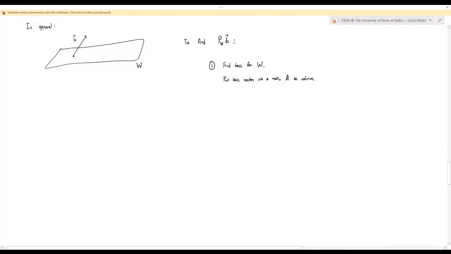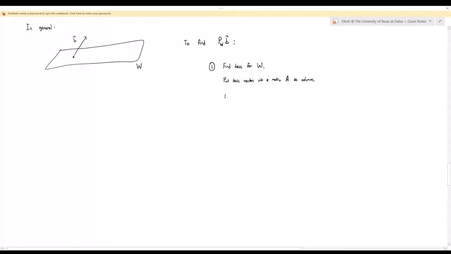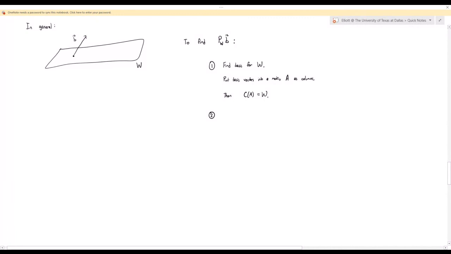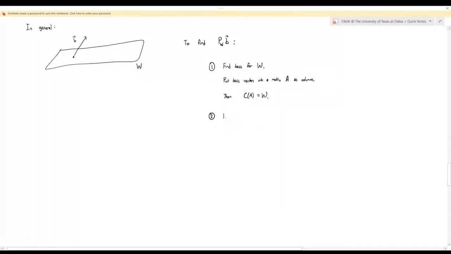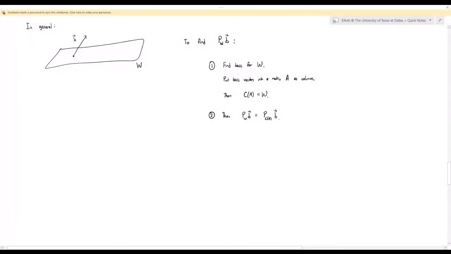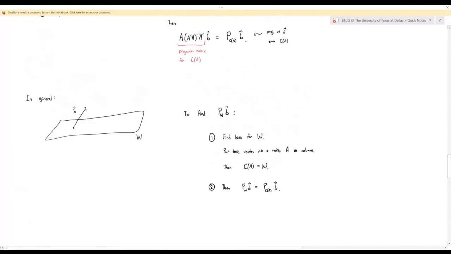So the idea is, if you put the basis vectors of W into the columns of A, then the column space of A would be equal to the subspace W. And therefore, you can use the formula that we found for projection onto a column space to then project onto W, okay?